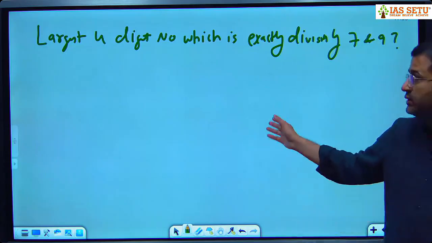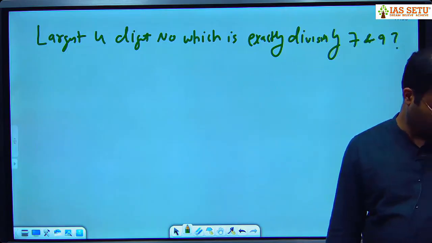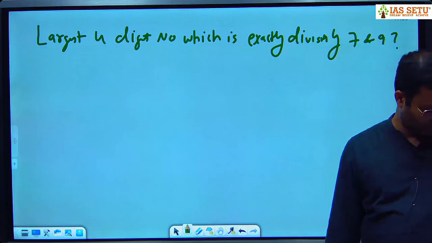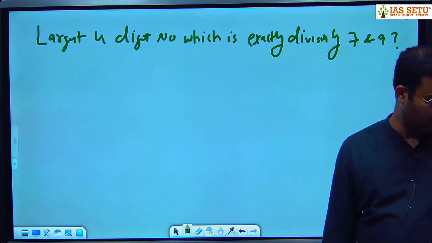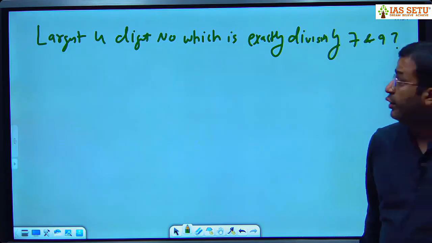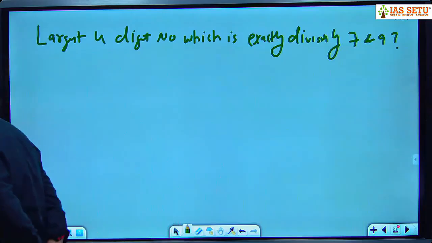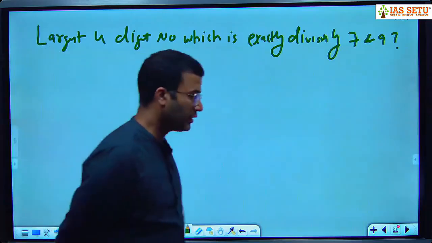You have to take LCM, largest 4-digit number, division. You take LCM, take 9999, try to divide by 63.